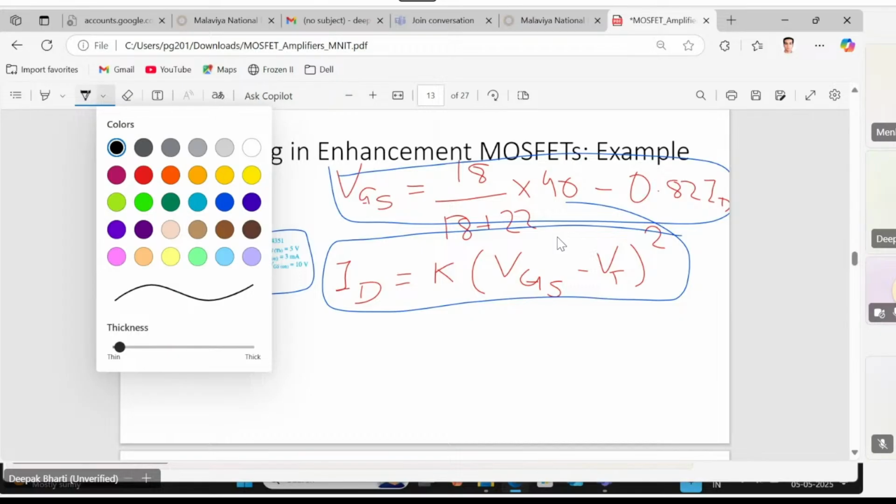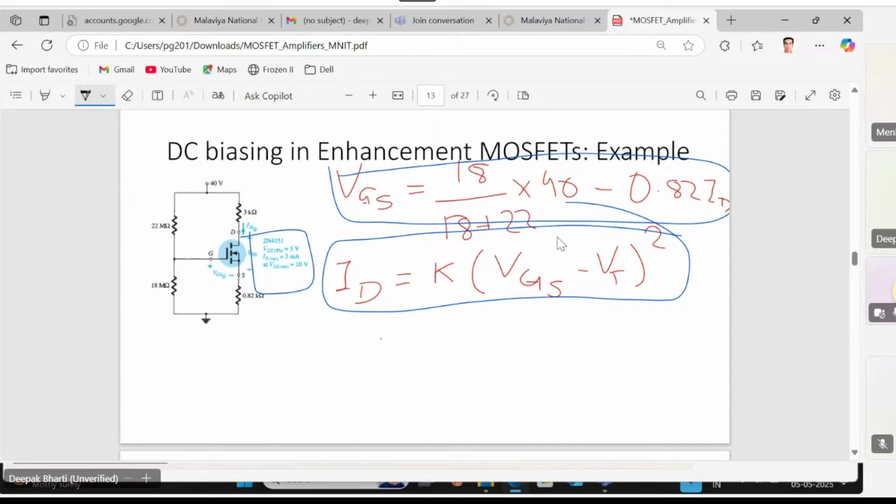Say ID is 3 milliampere and K is unknown. VGS is 10 volt and VT is 5 volt.